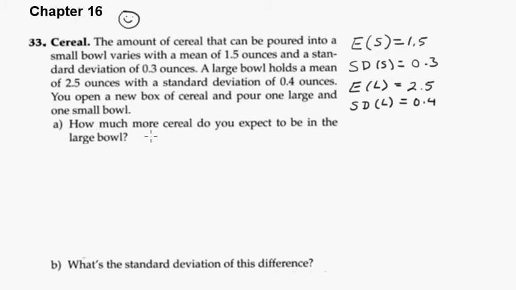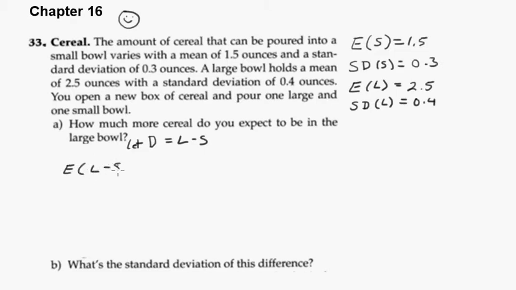So the first question is, how much more cereal do you expect to be in the large bowl? Well, I could find that out by having a difference. I could say let D be the random variable L minus S. But I'm just going to use L minus S to remind me of what I'm talking about.